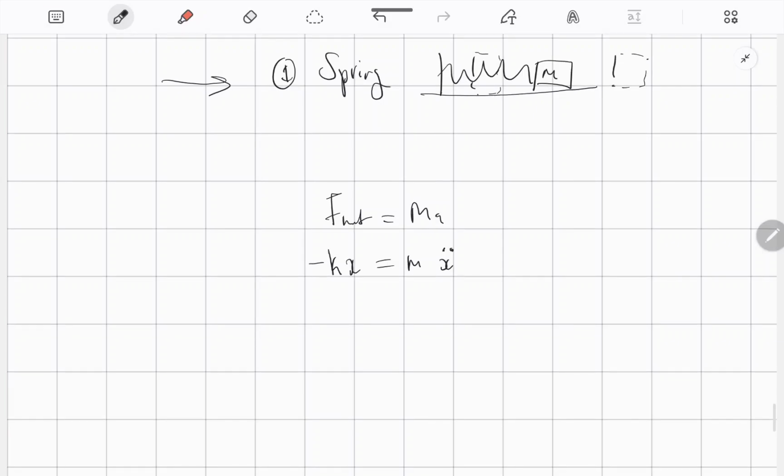If we try to solve this differential equation, it makes sense to first move everything to one side so it equals 0, then divide both sides by m.